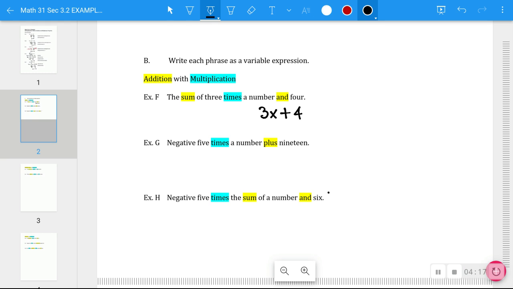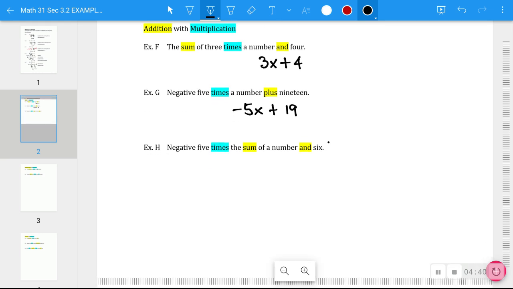So that one's done. Okay, in example G, the plus indicates addition. And so we're adding negative 5 times the number and 19. Okay, on H, it says negative 5 times the sum of a number and 6.